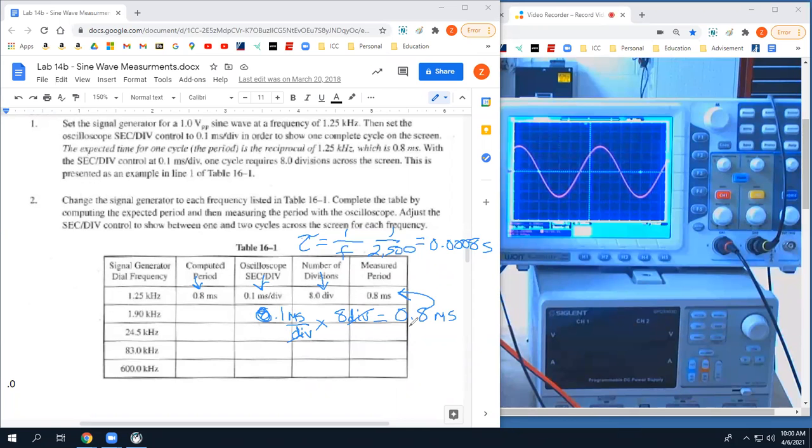I use this horizontal position. This line up is 0.1 milliseconds per division.